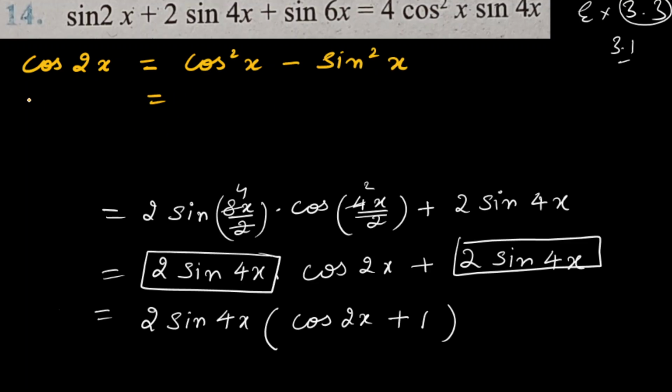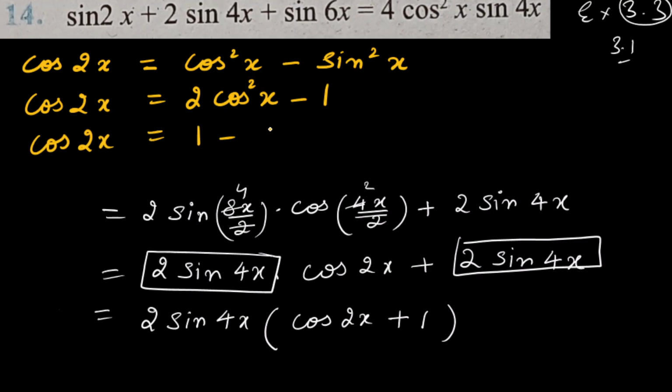Also, cos 2x is equal to 2 cos square x minus 1. Also, cos 2x is equal to 1 minus 2 sin square x.